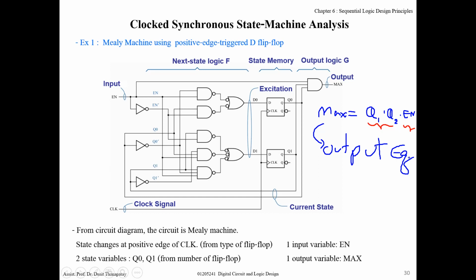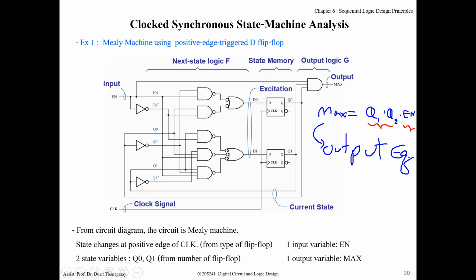If you analyze a combinational circuit, the result of analysis may be just the output equation, and that is enough. But for a state machine, it's not enough.